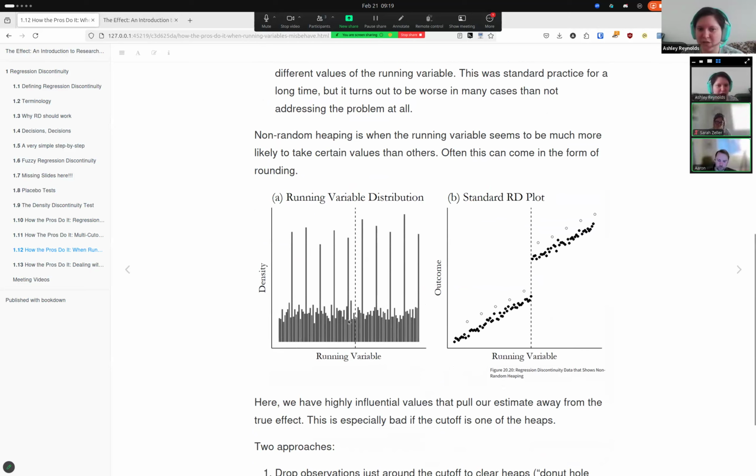All of the low values are values where people indicated their weight as like 172.3 or 172 even, 173 kilograms, and then that's a very large person.